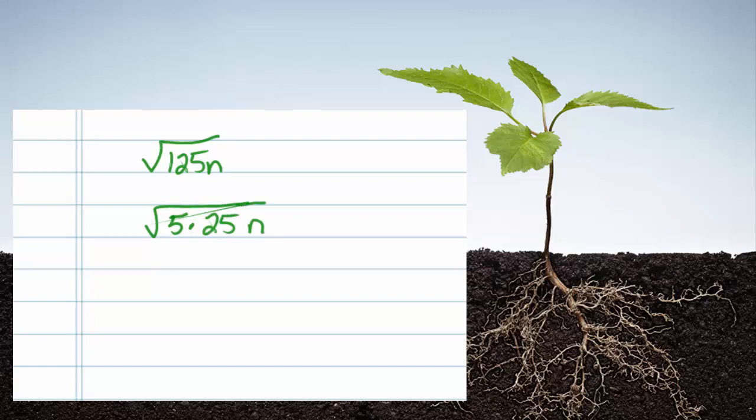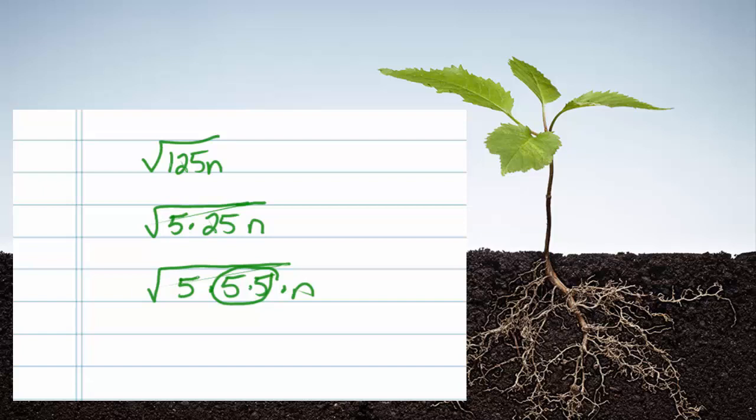Now we should notice that 25 is a perfect square, and since 25 is a perfect square, it consists of 5 times 5. If I want to rewrite it just for the sake of seeing it, that would be 5 times 5 times 5 times n. And now my pair of twins would be the 5 and 5.